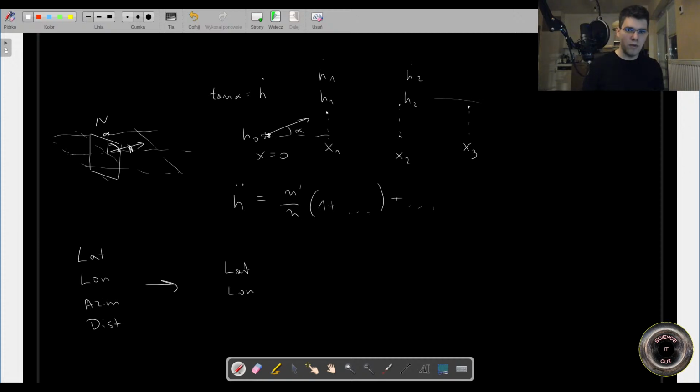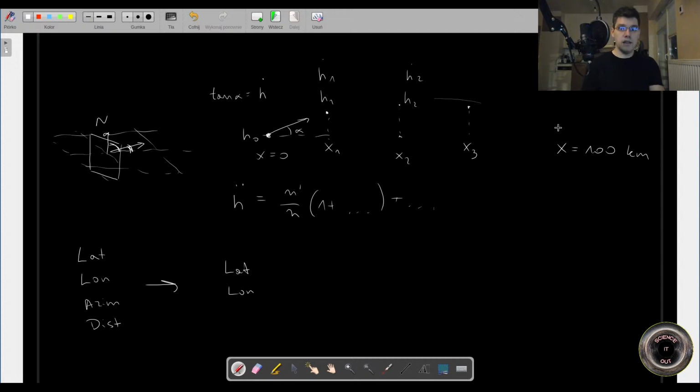So for example, if we know that the ray intersected the terrain at x equals, I don't know, 100 kilometers, then knowing the starting point, knowing which azimuth we were tracing the ray in, which wasn't important for the tracing part itself, because at any azimuth the path would look the same, but now when we want to calculate the final position, we need to translate this azimuth and distance, which is 100 kilometers, into latitude and longitude of the intersection point.